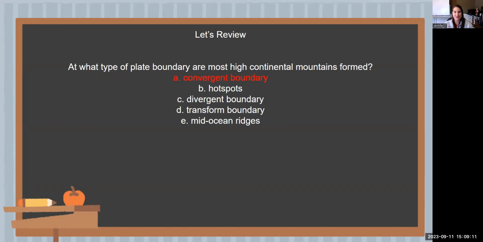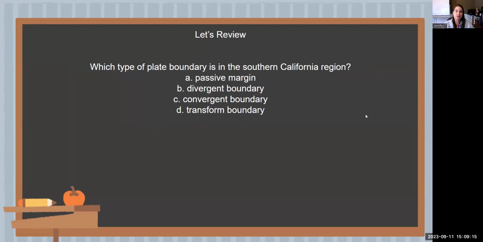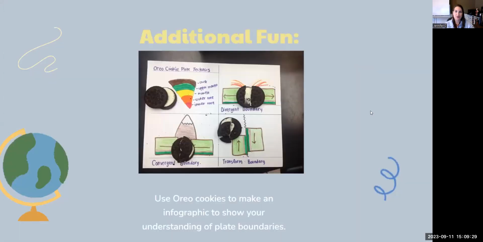Convergent. Good job. One more. What type of plate boundary is in the Southern California region? Transform boundary. Good job.